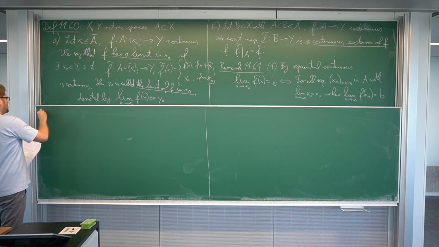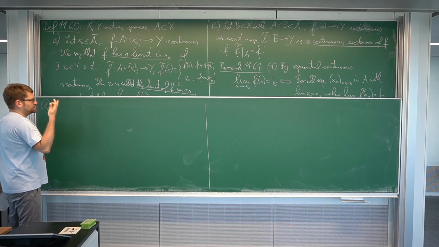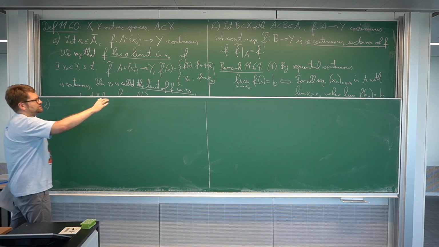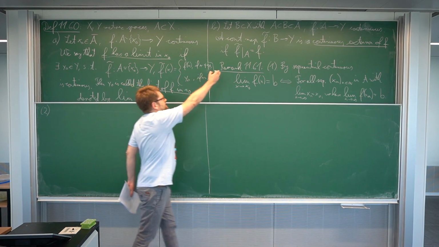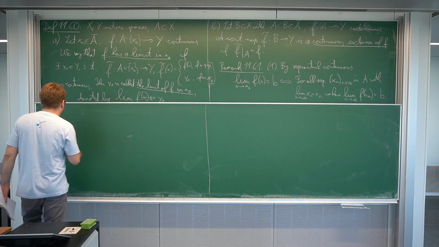Okay, part 2 of this remark. The relation between those two is pretty obvious, I would say, because to extend a given map from A to B, we just need to know that the limit exists there. And this is really an equivalence.